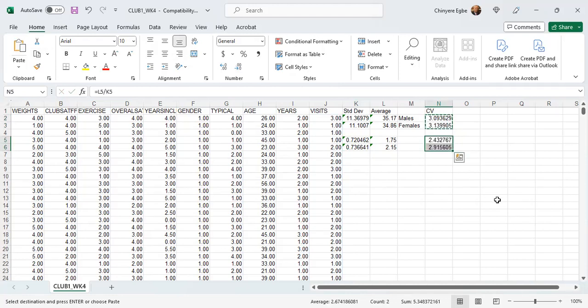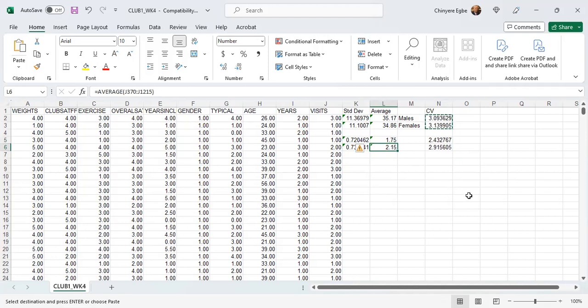So you can see that when you come to the number of visits of females compared to males, the females visit the gym more often. What's more, they average 2.15 visits per week. You see that?